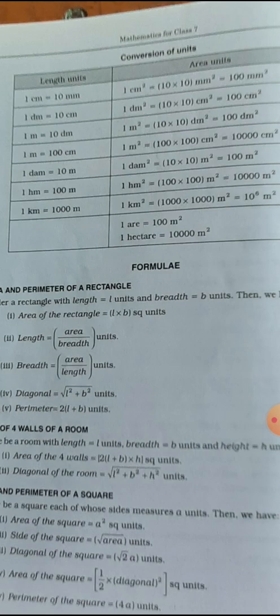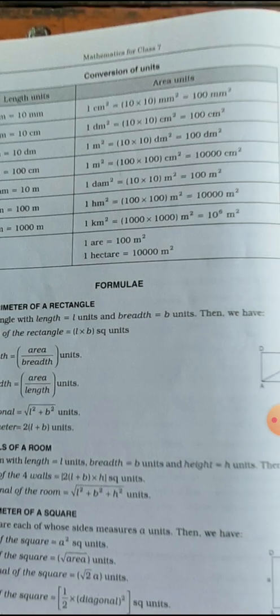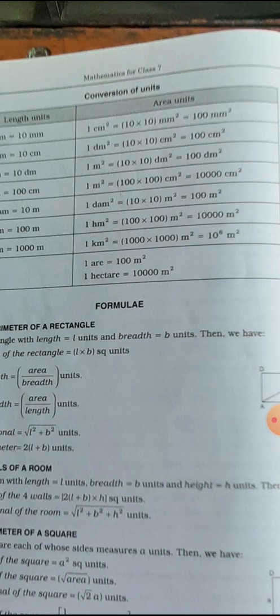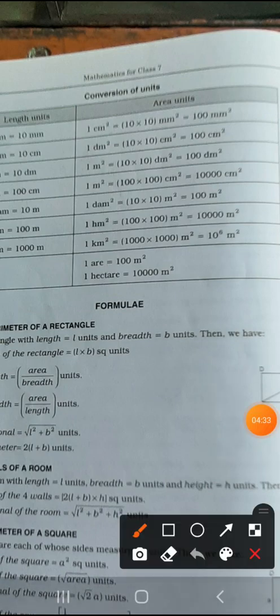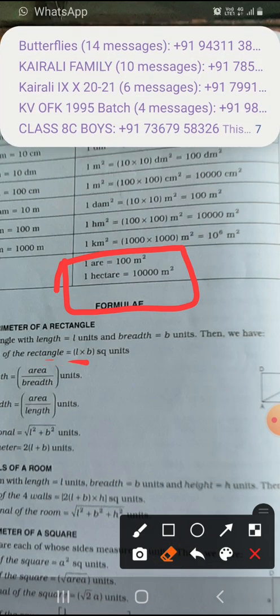In the last column, you can see here, children, 1 are is equal to 100 meter square, and 1 hectare is equal to 10,000 meter square. Right?